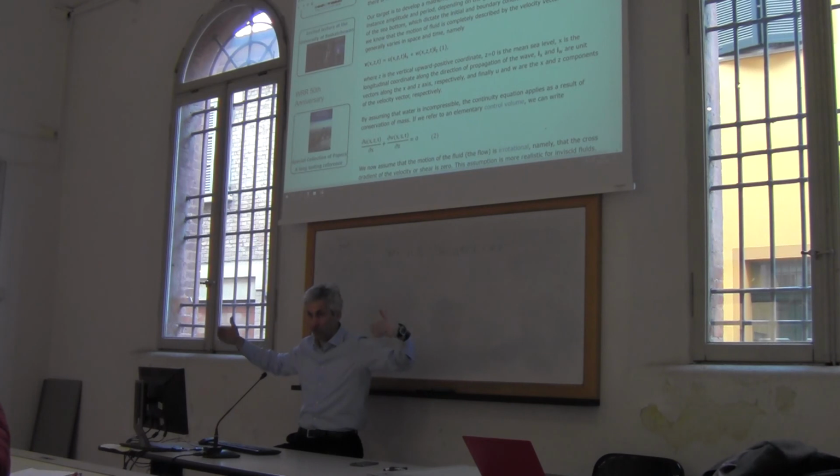The geometry of the contour volume is fixed in time. And this means that we are adopting an Eulerian approach. Or the contour volume may move with the wave. I describe always the same water, not the same space, the same water. Lagrangian approach. We will focus on an Eulerian approach mainly.